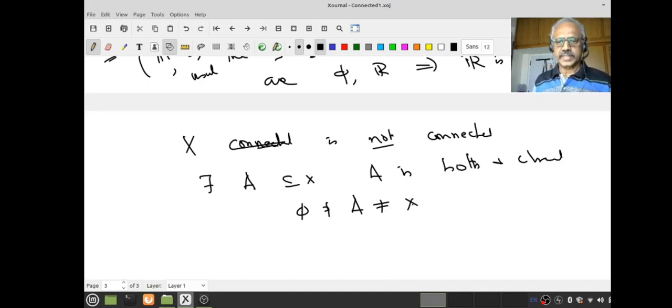Because if X is connected, the only sets which are both open and closed are the empty set and X. You say it's not connected, that means there exists at least one set which is not the empty set, not equal to X, but A is both open and closed. Pause, review, proceed. Make sure that you understand this.